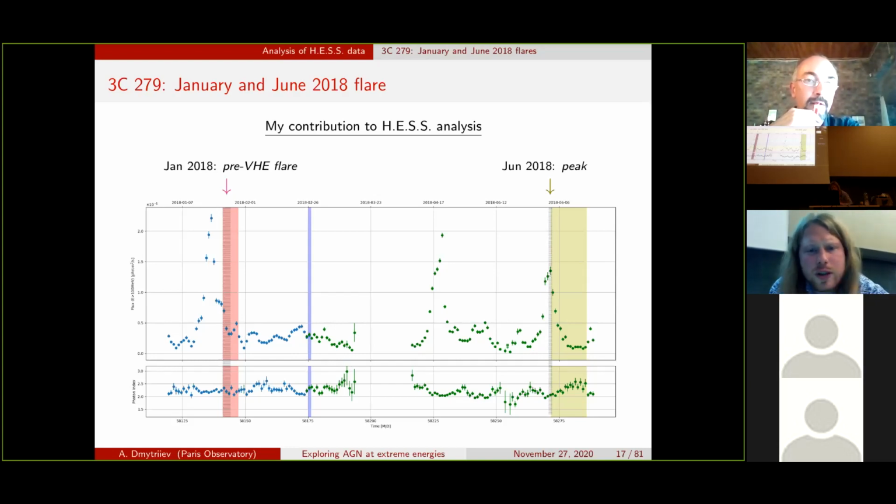What was your question exactly in relation to this flare? Just wondering why you didn't even mention this one-day flare. Didn't I? Or did you? Maybe I just missed it. Because I think I presented the total light curve for this entire red band from the proceeding, the one we published in ICRC with the task force.